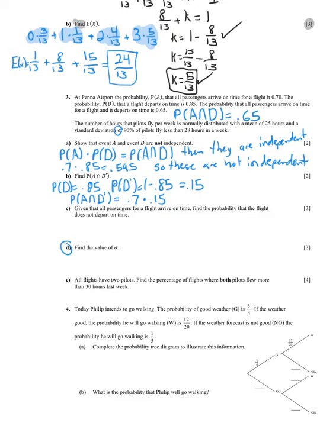Let me verify that I'm doing this correctly before I explain it to you. All right, so the probability of A and not D. Oh, that's the probability of A, because the probability of A is the probability that everyone arrives on time, and I subtract the probability of A and D. That's where I'm going to get the A and not D from.